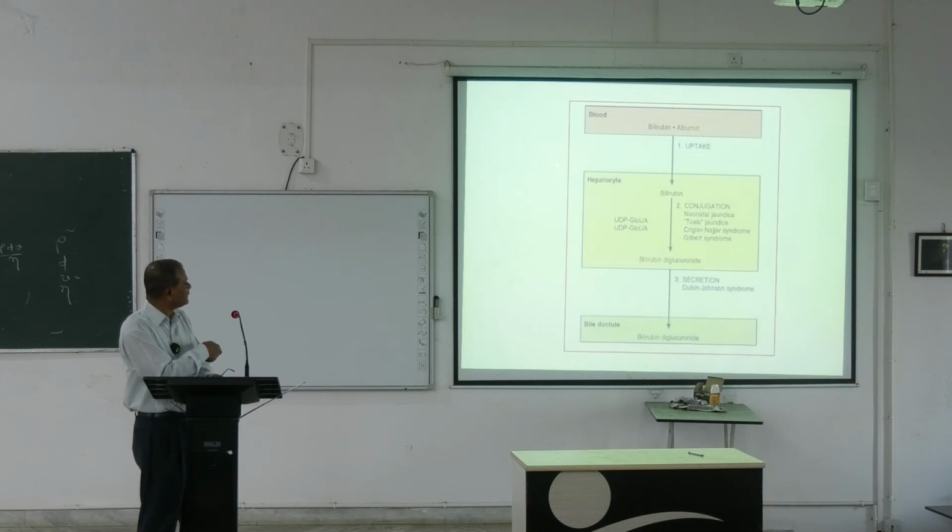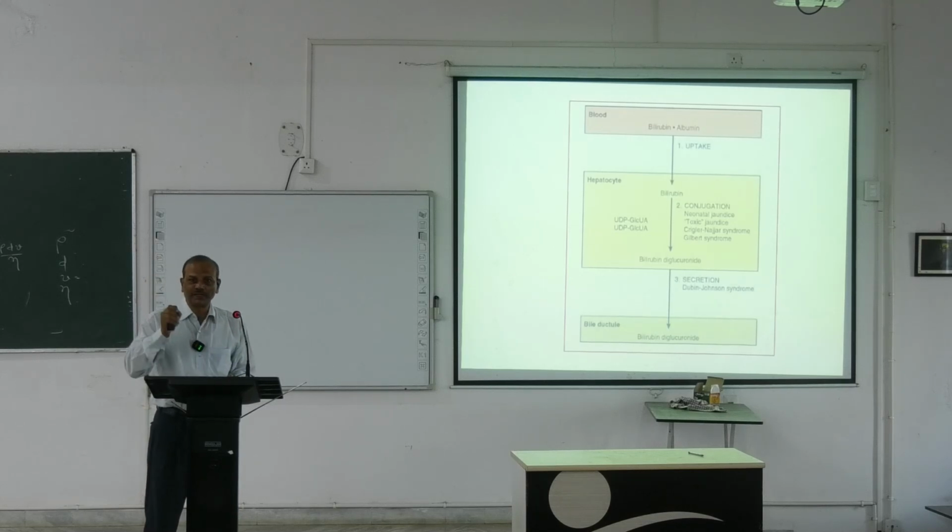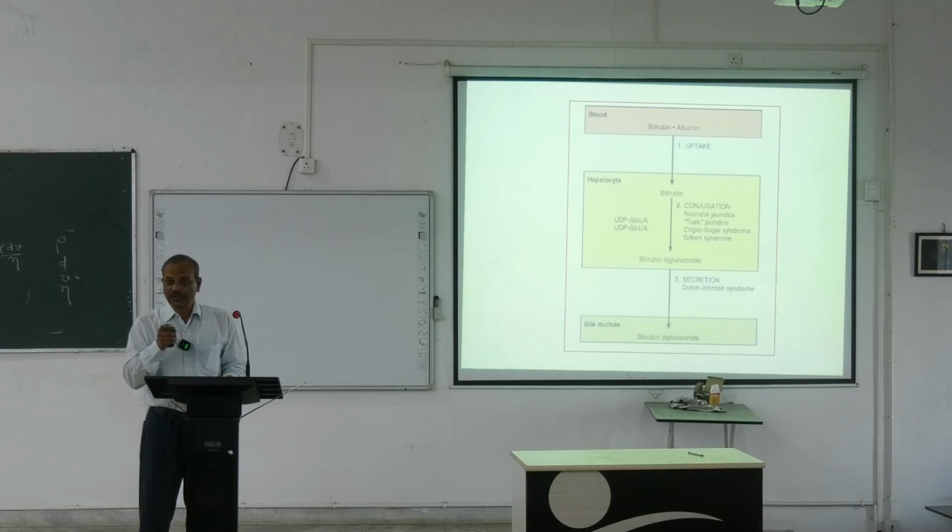Here, disease: bilirubin plus albumin uptake. If there is a problem at the uptake level, then bilirubin will be there, and that will be unconjugated bilirubin. If much more than the capacity of the liver, the amount of bilirubin reaching the liver will not be able to be taken up. So that will be unconjugated bilirubin, and that is what exactly happens in hemolytic anemia.